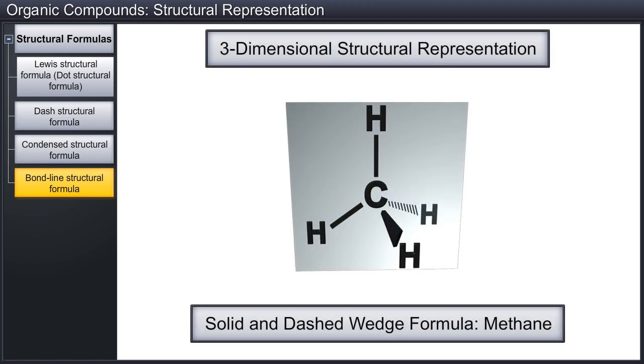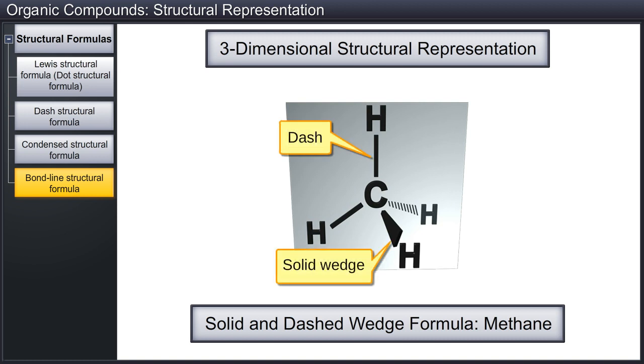Organic molecules can be represented by using the solid and dashed wedge formula. This is a three-dimensional structural representation of an organic compound. This formula can be represented on paper by using three conventions, that is, a dash, a solid wedge, and a dashed wedge.